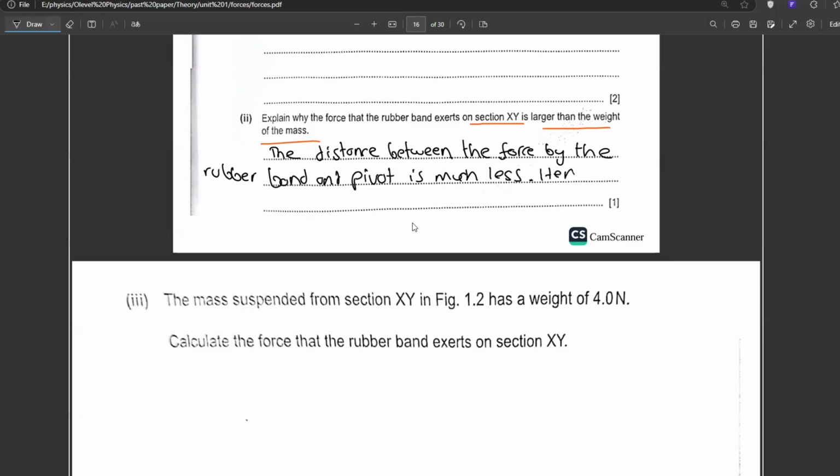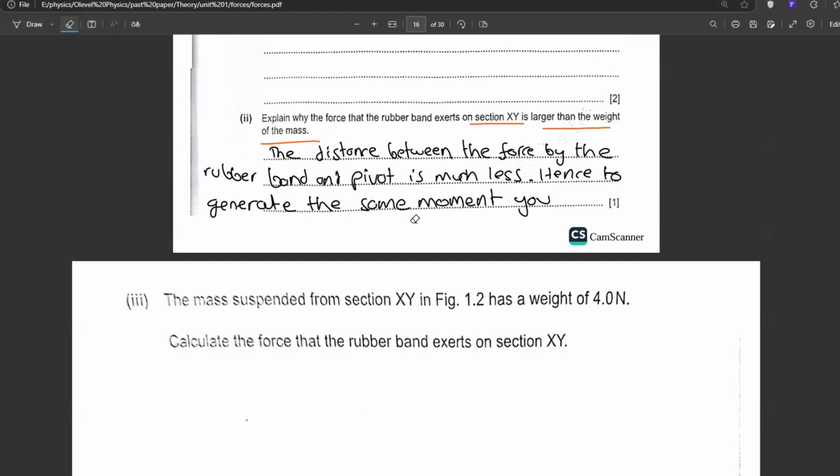Hence, to generate the same moment, you need a greater force. Simple.